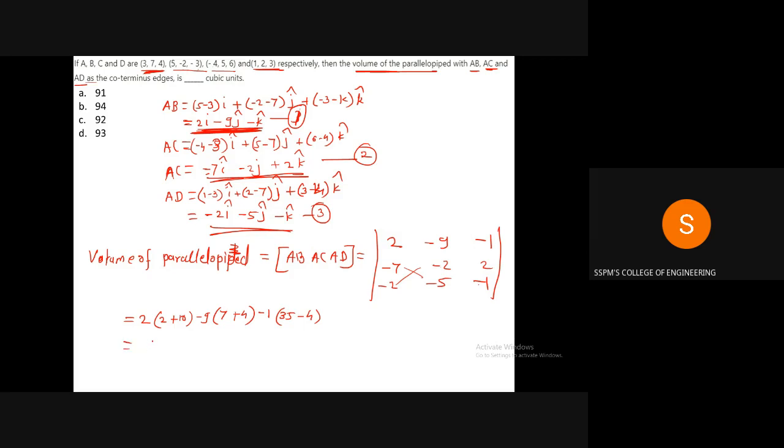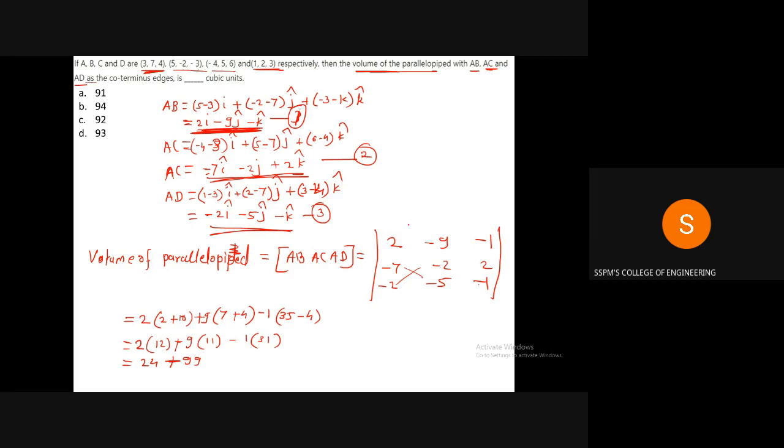So now the next step is 2 into 10 plus 2, it is 12, minus 9 into 11, minus 1 into 31, that is 31. So 12 into 2 is 24, plus 11 into 9 it is 99.